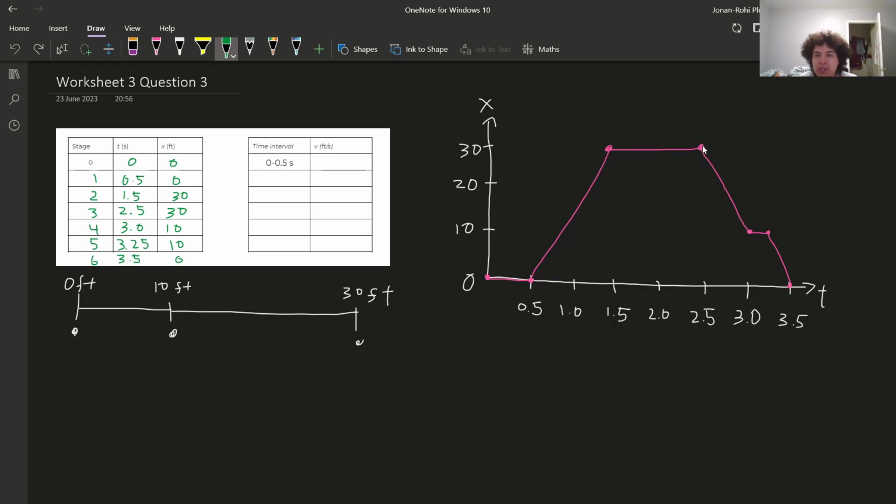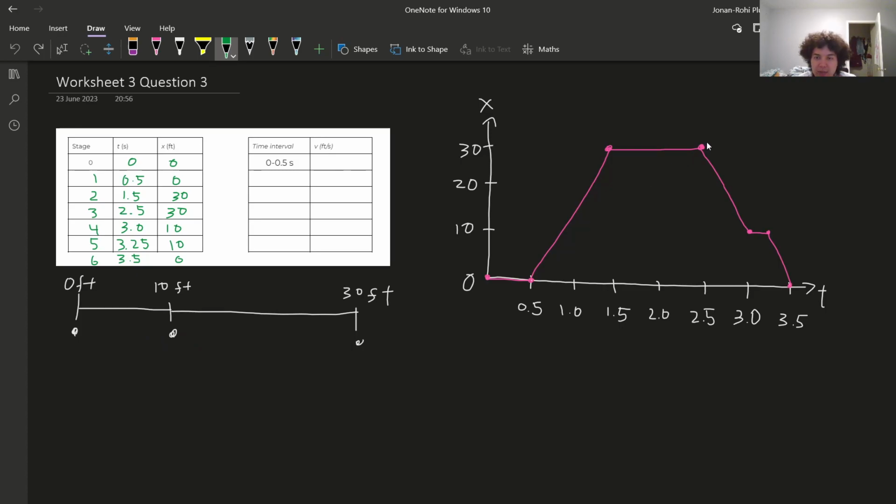We can do a similar thing using this time interval from 2.5 to 3 during this half second period. During this half second, the bird is moving from position 30, so the third flower, leftward, moving from 30 to 10. 10 is where the second flower is.